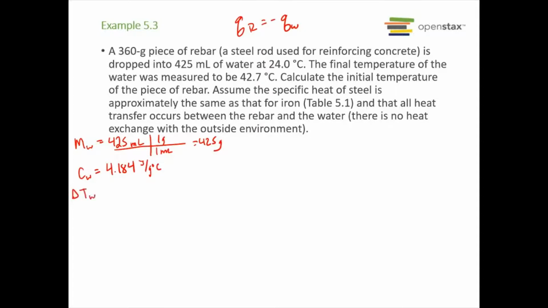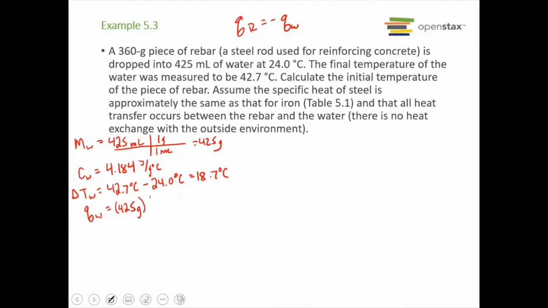Delta T of the water we can solve. It's 42.7 degrees Celsius minus 24 degrees Celsius, and it's 18.7. And so then we can solve for our Q of the water.